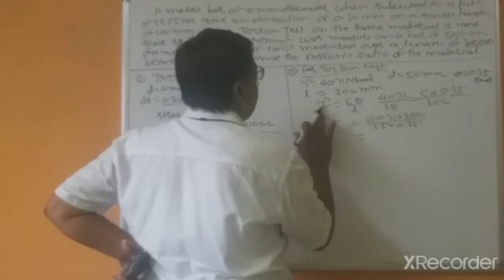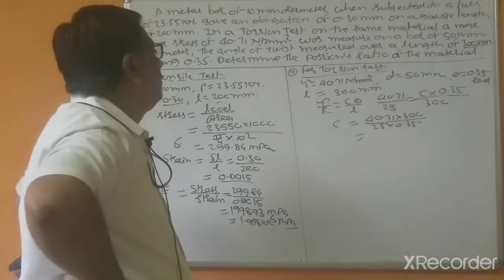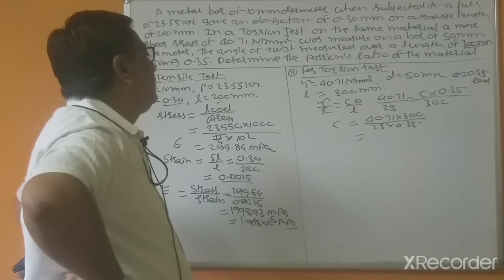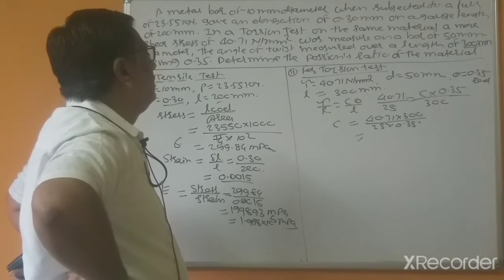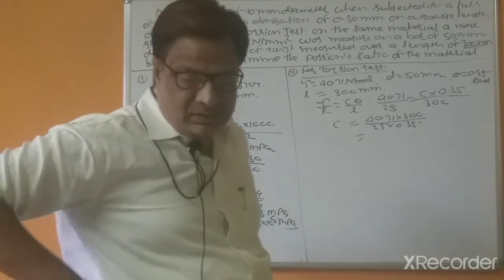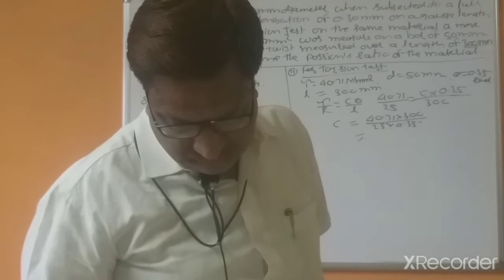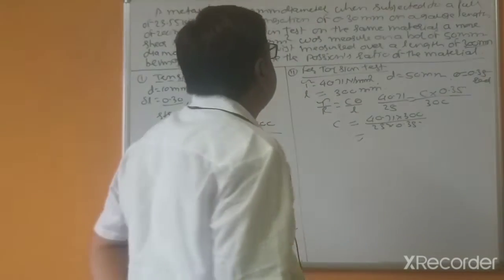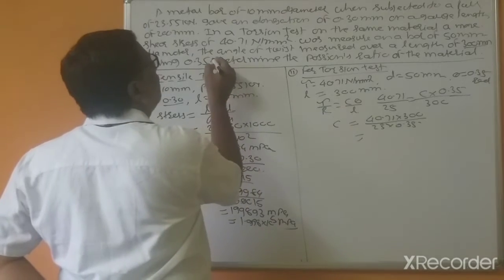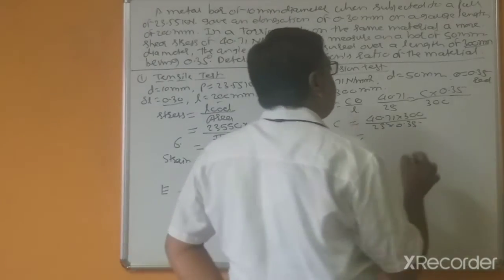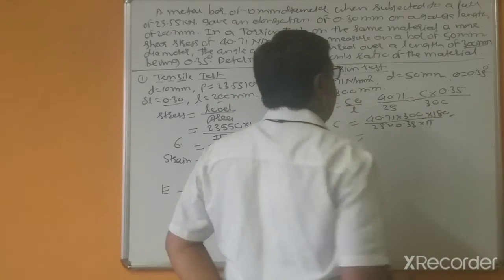Oh, sorry, the angle is given as 0.35 degree, so it is multiplied by pi and divided by 180.